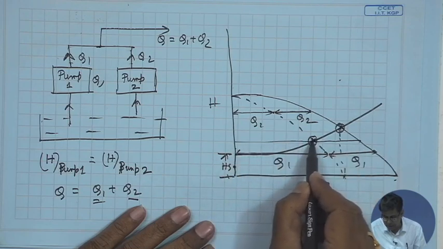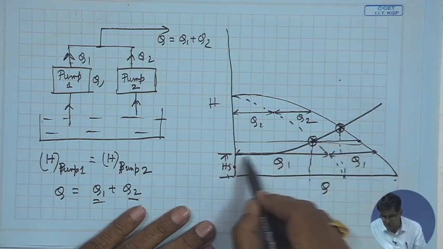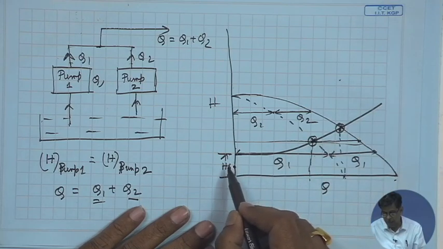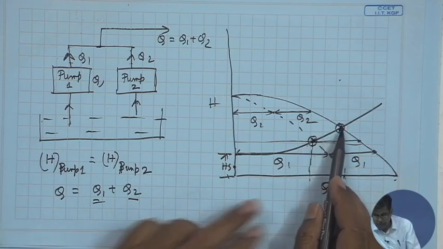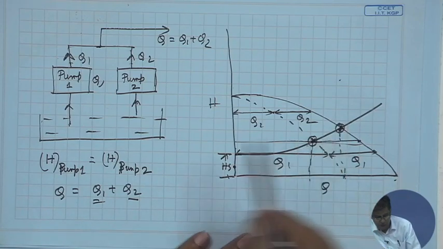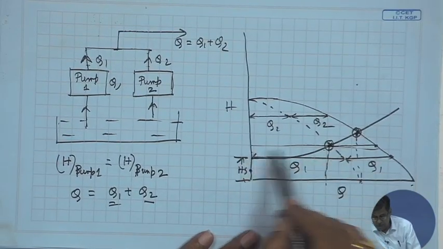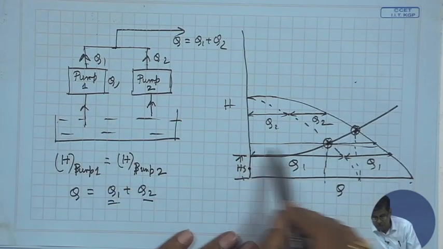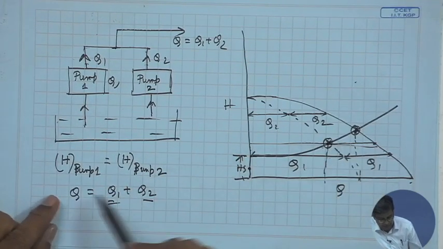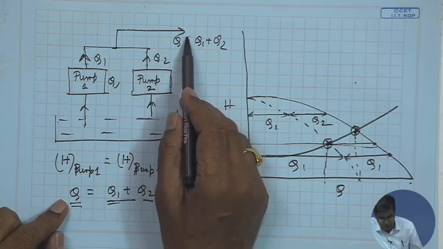The discharge what was here is doubled here. It cuts here, and the system curve slopes like this, a parabola. So, the operating point here also gives a higher discharge, which is the objective of pumps in parallel, but this is not double in case of two identical pumps. That means this is not the addition of the two flow rates.